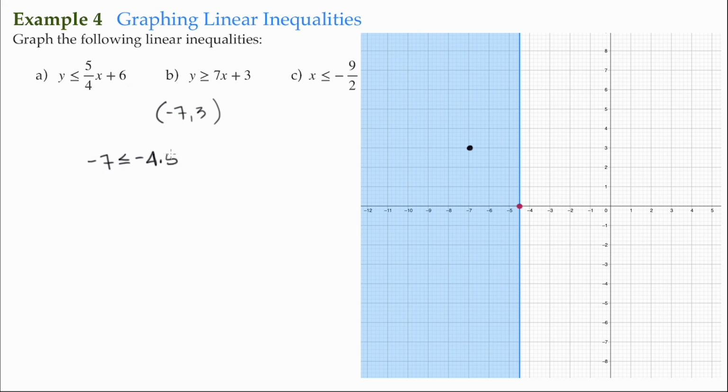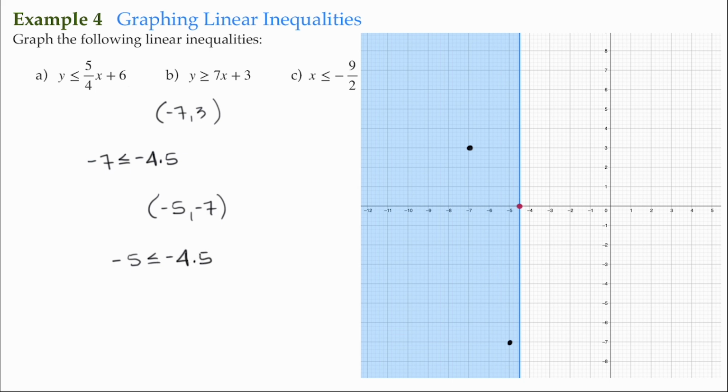And -7 is indeed less than -4.5. We could also check any value within the region here. How about -5 and -7? That's way down here. All we really care about, -5 and -7, is the x value. That's the only one that we can use. So that's -5. That is indeed less than or equal to -9/2, which is -4.5.